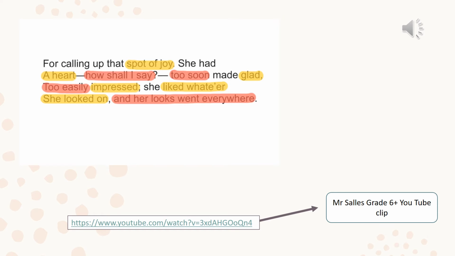Browning develops this idea in the next 4 lines. Again, he repeats the idea of the spot of joy, and in yellow I've highlighted all the positive things about his wife here. She's got a heart, in other words, she's kind-natured, she's full of feeling, she's glad, she's impressed by life, she likes whatever she looks on.